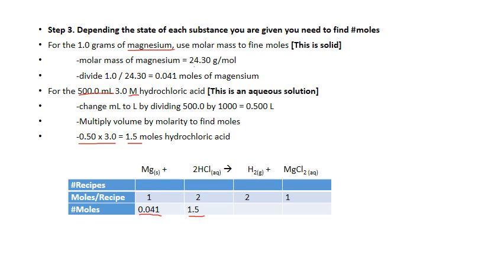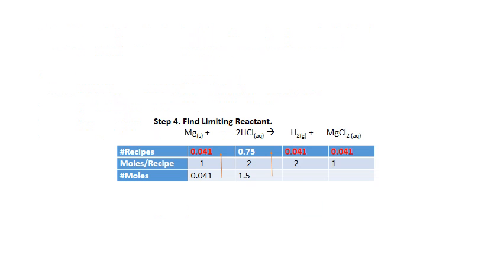Okay, the next thing is to figure out how many recipes. So find the number of recipes and then find out which one is the limiting reactant. So divide the amount of moles by the recipes.